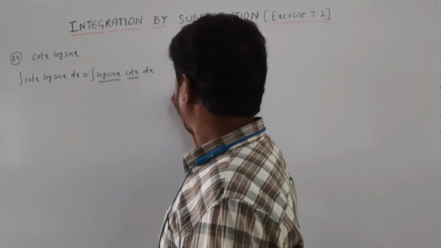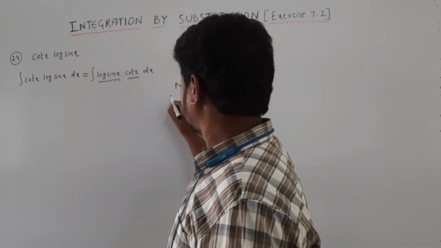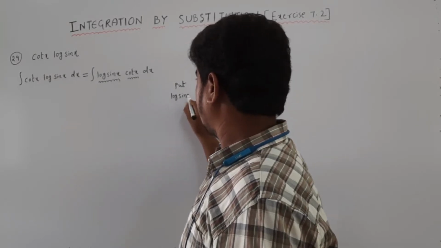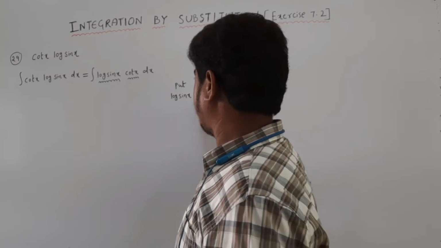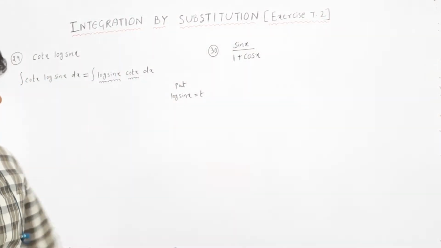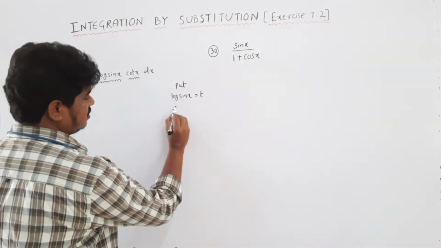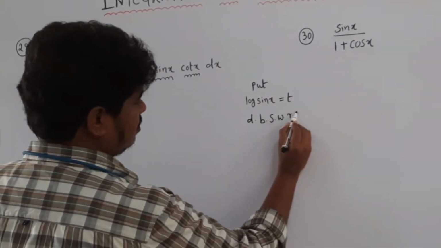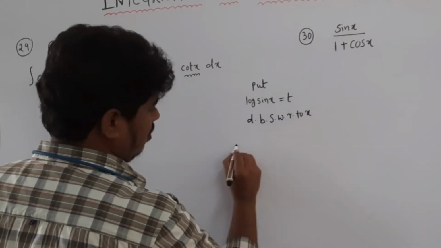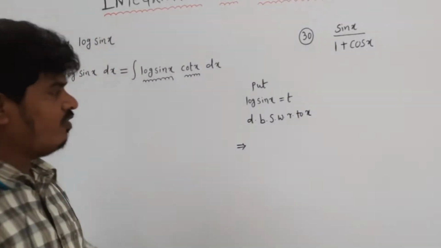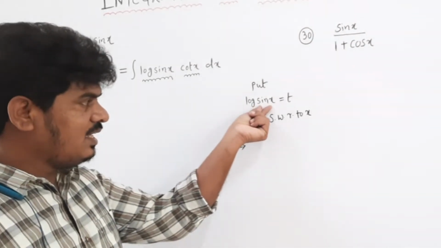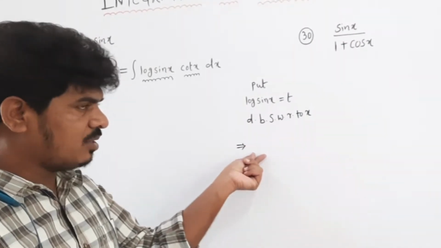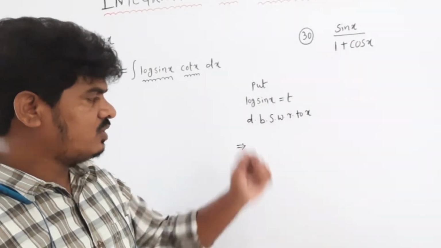Take log of sin x equals t. Differentiate both sides with respect to x. Now the derivative of log of something is 1 by something into the derivative of that something.